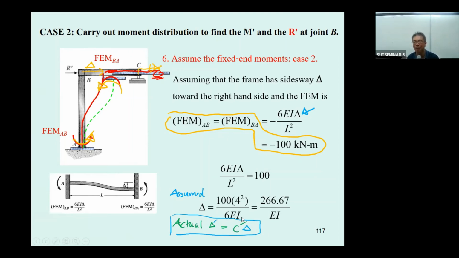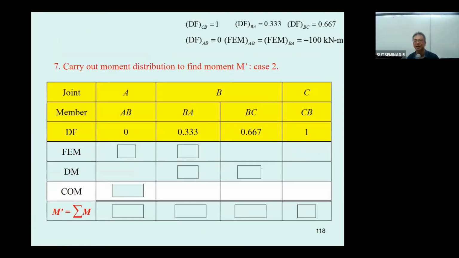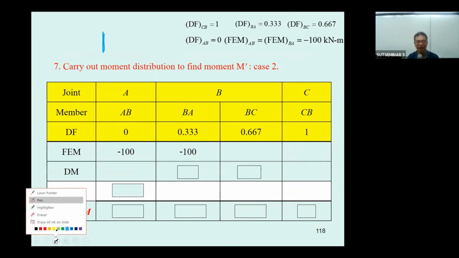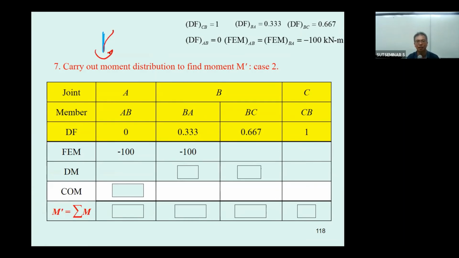You got to find the R prime. Before we find the R prime, you got to find the M prime. We put it into the table. Okay, now use the same table as before. Put the moment on the column AB. Okay, since this one has the sidesway like this, that is fixed end moment AB.